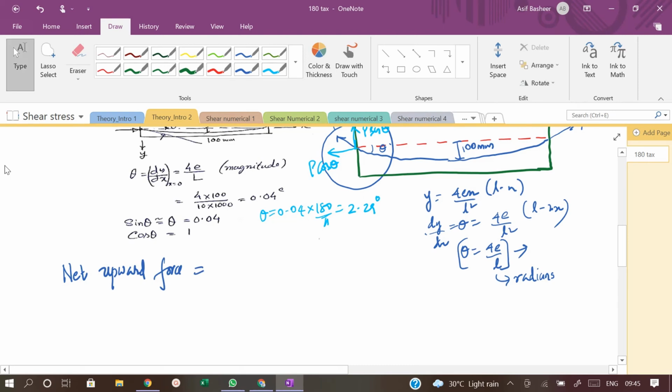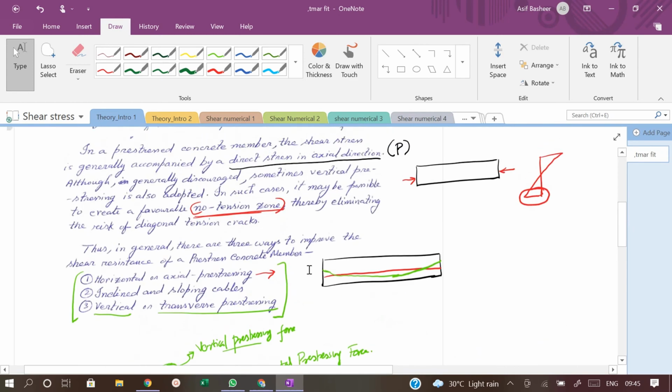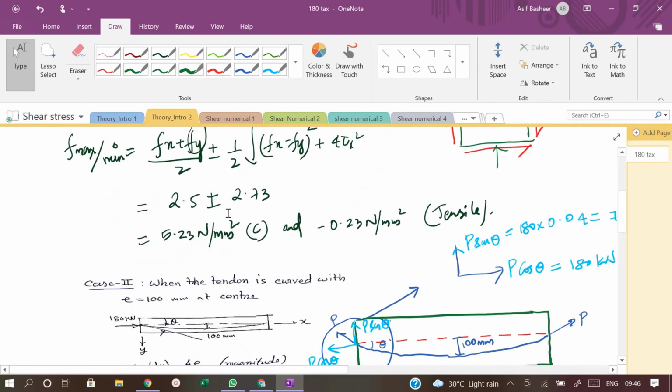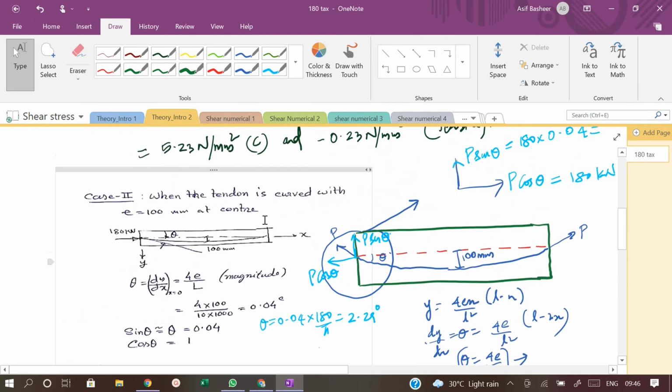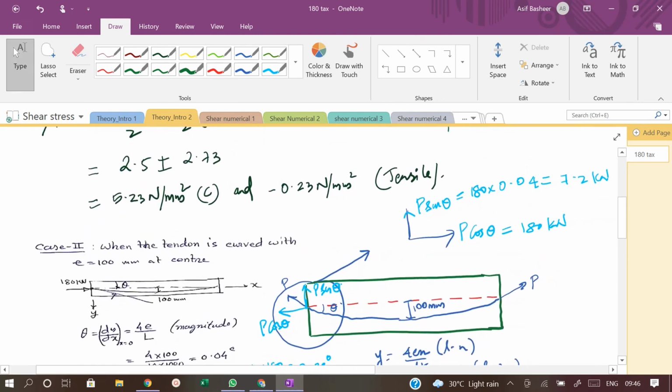There is a 25 kilonewton shear force due to loading acting in the downward direction, and that will be reduced, as this P sin theta is an opposite force acting.